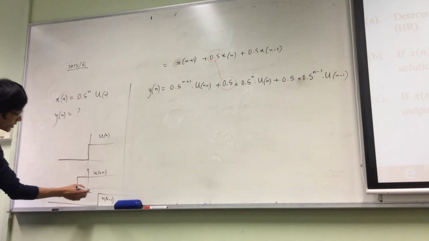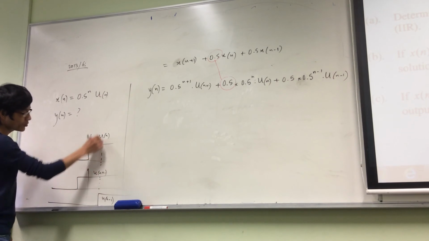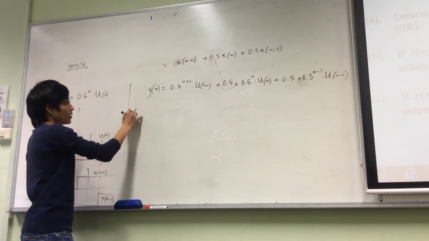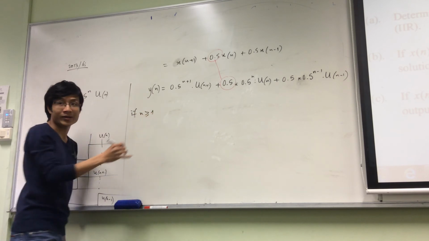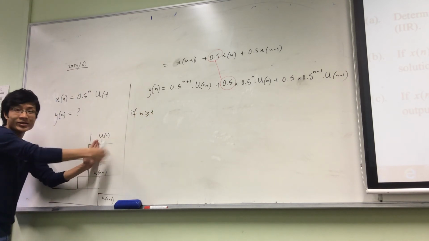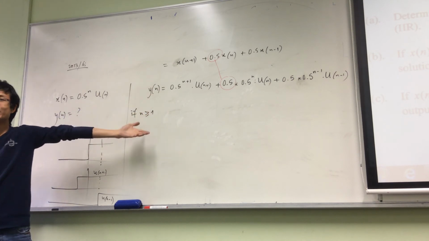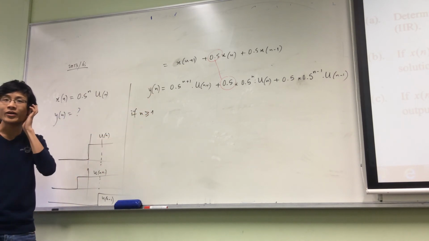So technically after n equals 1, everything will be the same and equal to 1. So for n greater than or equal to 1, we just ignore the u[n plus 1] and u[n minus 1], because they all equal 1. Right?